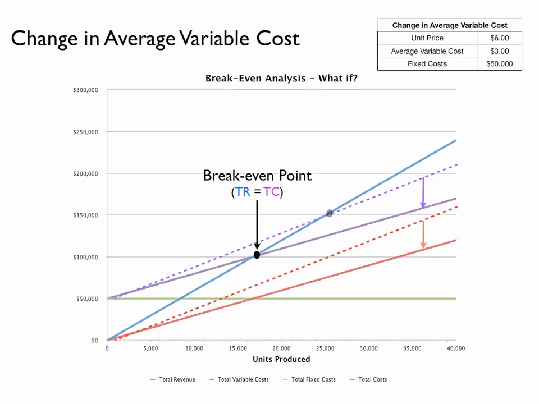When the average variable cost decreases from $4 to $3, this would cause both the variable cost line and the total cost line to decrease. The total revenue and fixed cost lines stay the same. Thus, the break-even point would shift to the left and downwards.